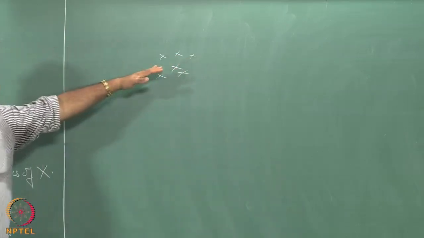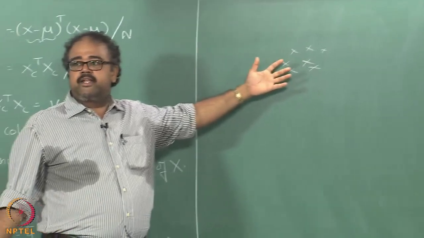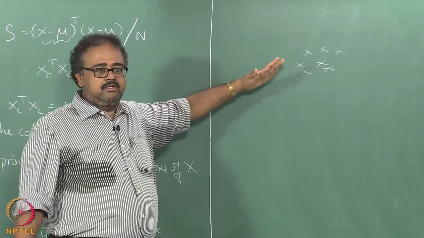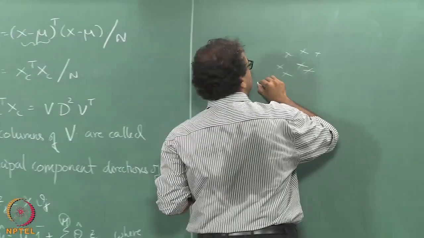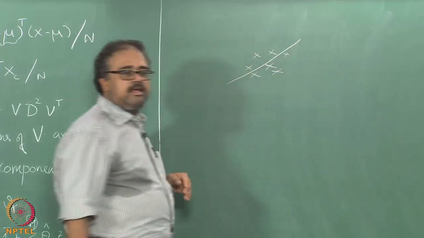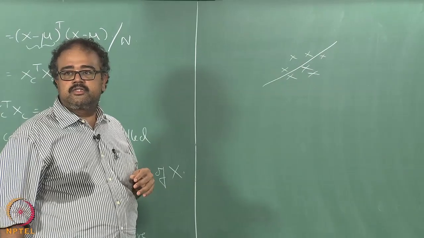Let us say this is the data, and what would be the principal component direction you want to choose, something like this. So that would be the ideal direction that you would want to choose, okay.